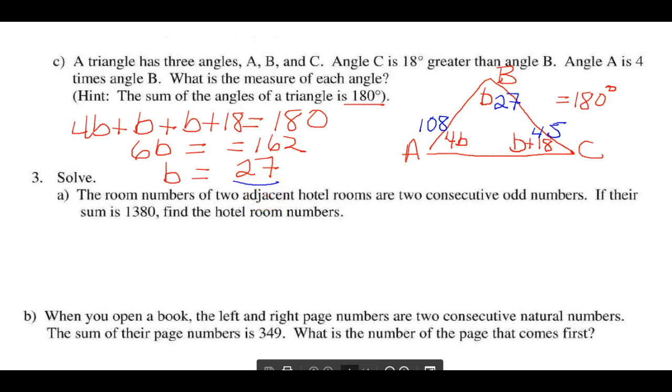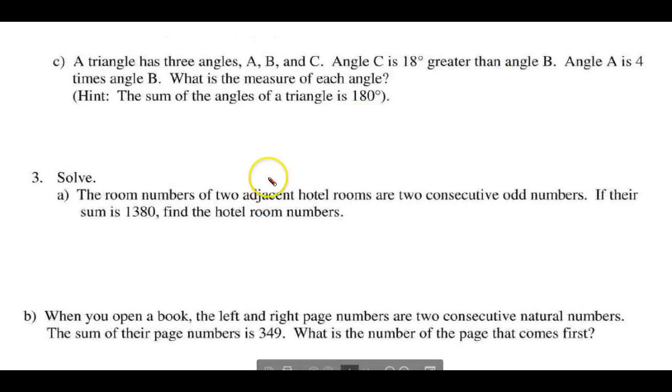Okay, for number 3 here, we're going to give you a little bit of background on consecutive integers, and then later we'll get to odd integers. So consecutive integers would be like 5, 6, and 7. But we want to convert that to algebra.